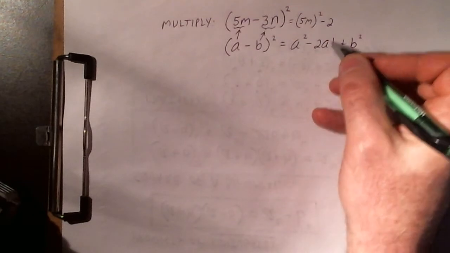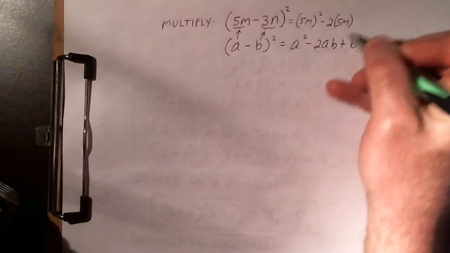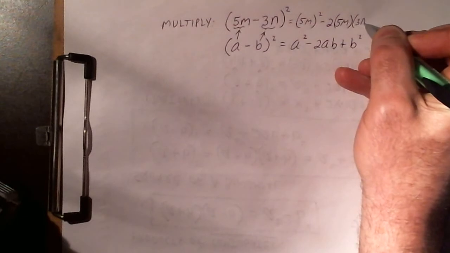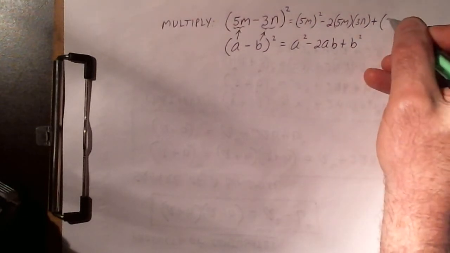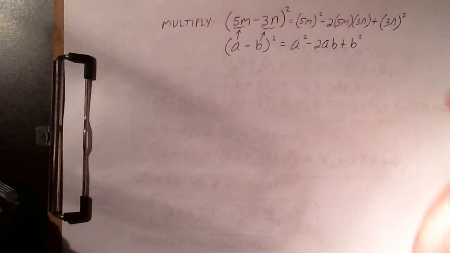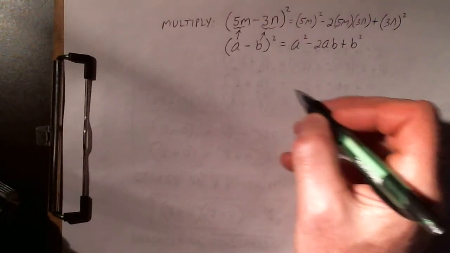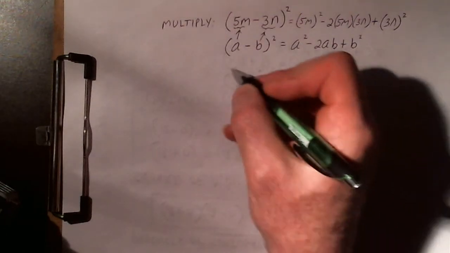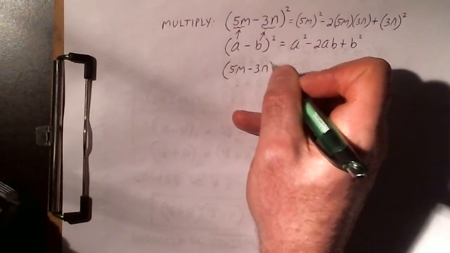Two times a is 2 times 5m, times b is times 3n, plus b squared, b being 3n, so we have 3n and we square it. So 5m minus 3n squared.